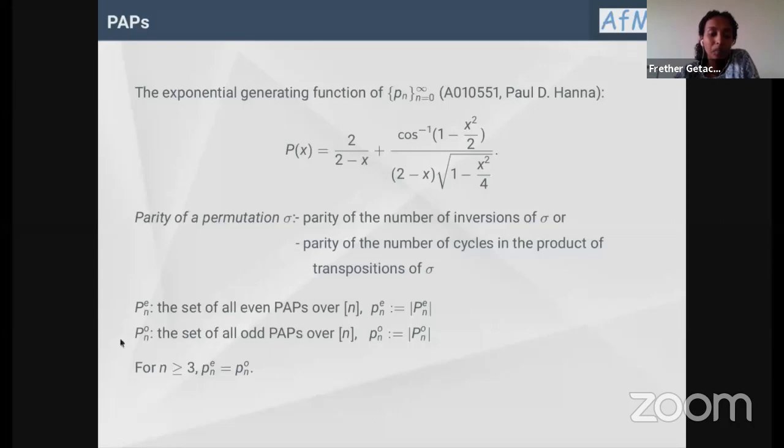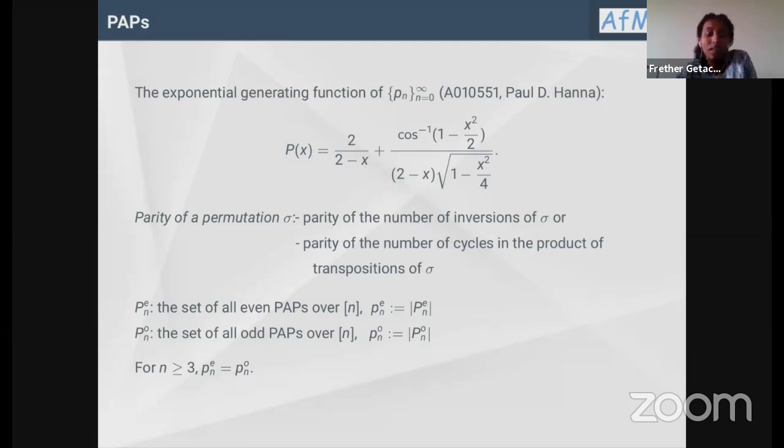So we give a notation for the set of all even permutations and the set of odd permutations, and their cardinalities are denoted by PEN and PON.